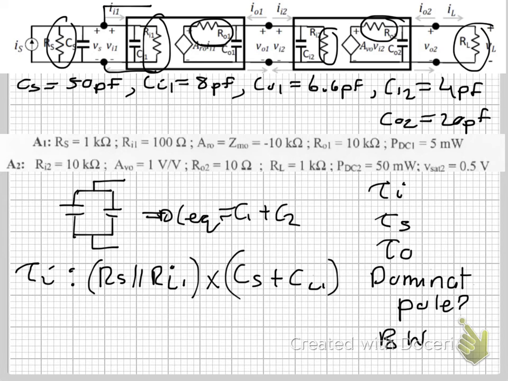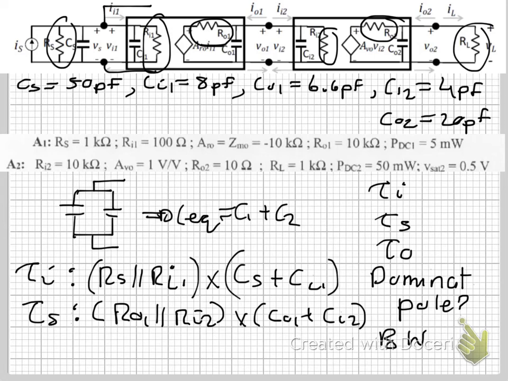And for your interstage, you would have R of O1 in parallel with R of I2 multiplied by C of O1 plus C of I2.